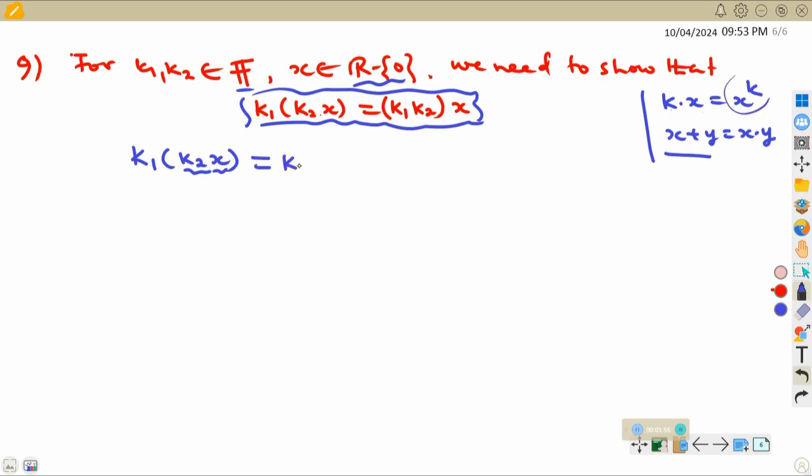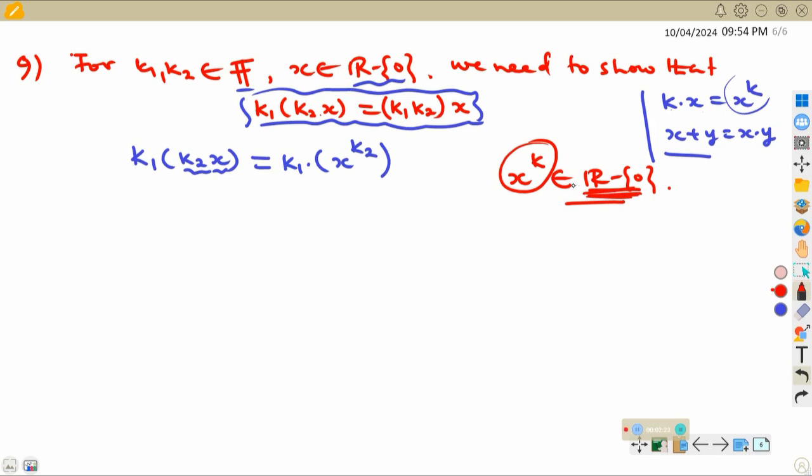So we shall say this is k1 times x to the power of k2. This is by definition. Also, you recall very well, we said x to the power k is an element in R minus 0. That is axiom number 6 for scalar multiplication. We said that this one here is an element of this.